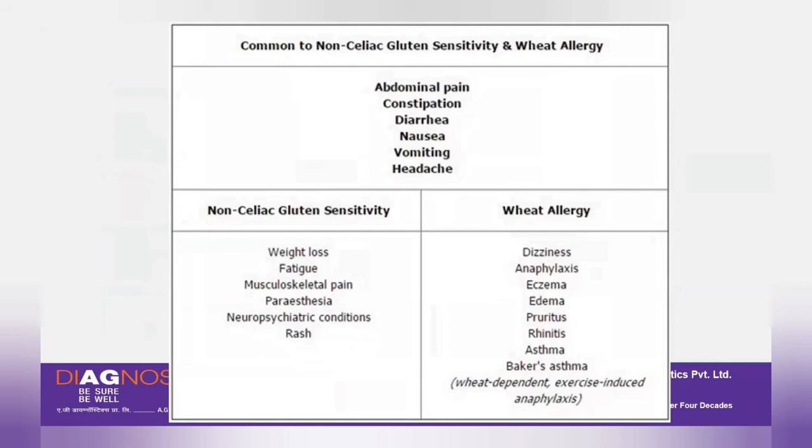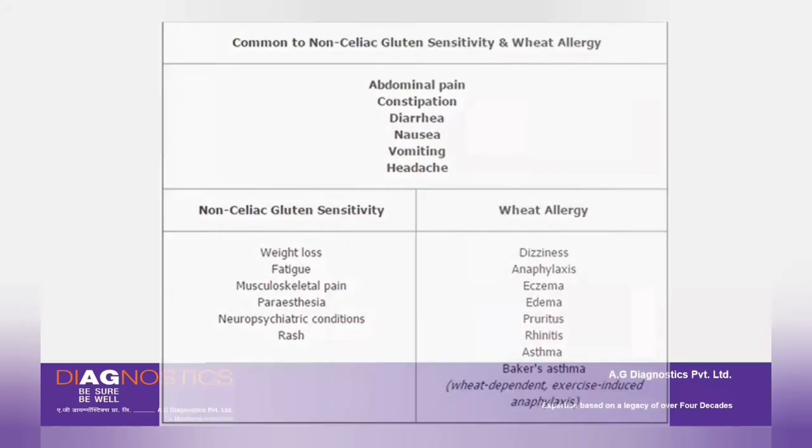In wheat allergy, you will see anaphylaxis, eczema, edema, pruritus, rhinitis, asthma, which you will not see in non-celiac gluten sensitivity. To some extent, when a patient comes to you, from the symptoms itself, you will be able to roughly classify whether the patient falls into the celiac disease group, or the NCGS group, or the wheat allergy group, and then you can go ahead with the laboratory tests accordingly.